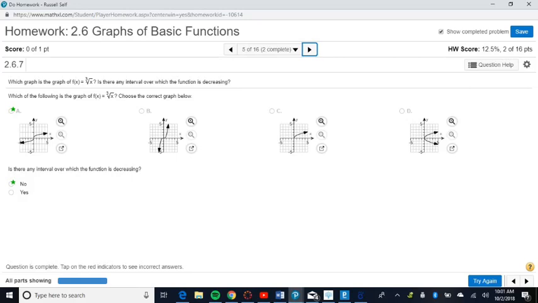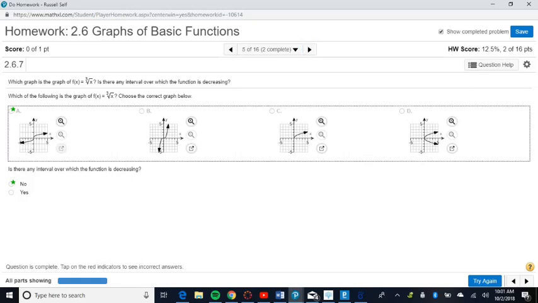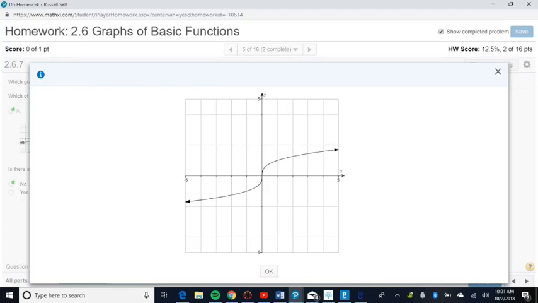The next one they give you is a cubed function, but a cube root, right? So all that does is lay the cubed function on its side, okay? And they ask you, is there any interval over which the function is decreasing or going down? So if you look at the graph to see if it's decreasing, remember you're reading it from left to right.